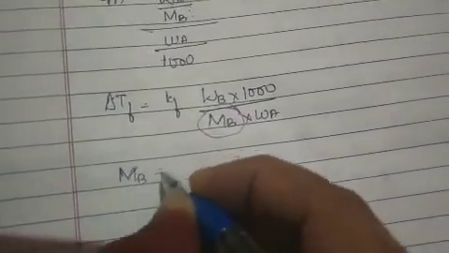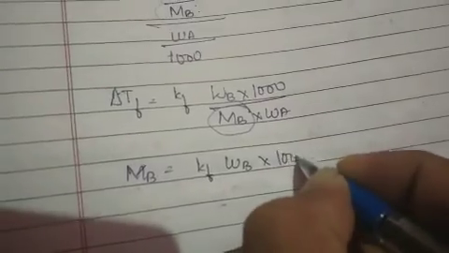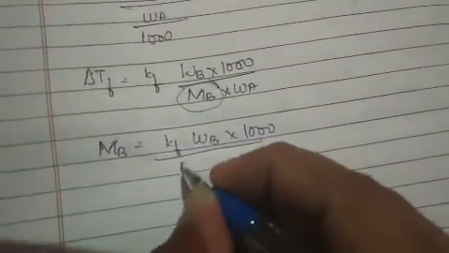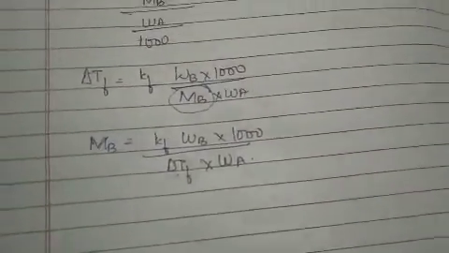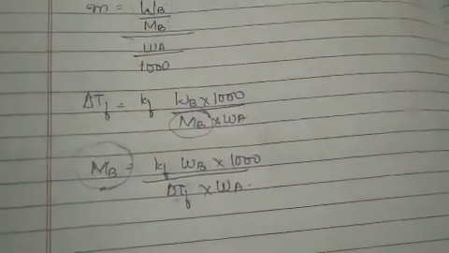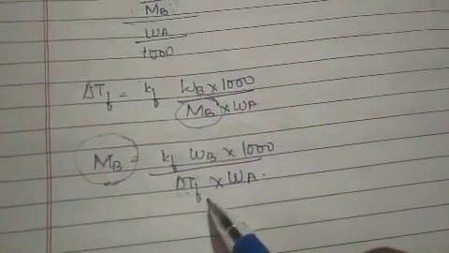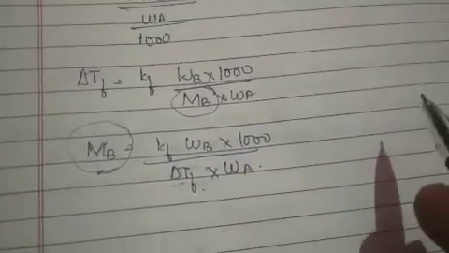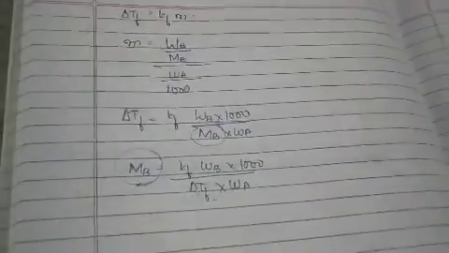So Mb will be equal to Kf Wb into 1000 divided by delta Tf into Wa. It is similar to what we have done for the elevation in the boiling point. There we just replace Kb and delta Tb. Nothing else has changed; everything is the same, but the constants are different.